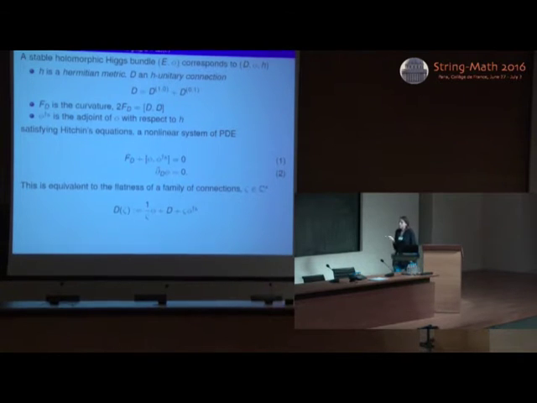So these Hitchin's equations are equivalent to the flatness of a family of connections. So zeta is a complex parameter, and D of zeta is 1 over zeta phi plus D plus zeta phi dagger. So the non-abelian Hodge starts with an element of the Dolbeault moduli space, and it associates to this a connection, where V is the same vector bundle E, but with a different complex structure, the one that comes from the anti-holomorphic part of D of 1, while the connection gives the holomorphic part of D of 1.